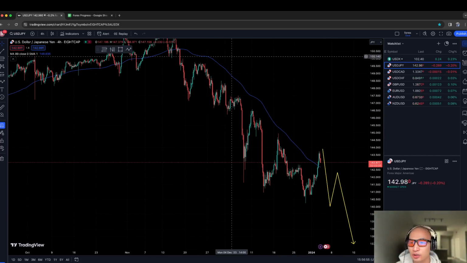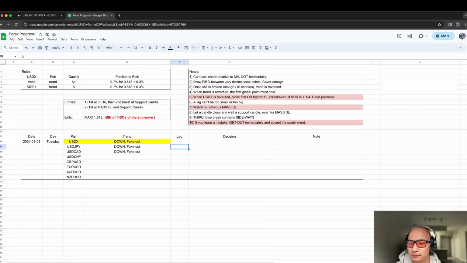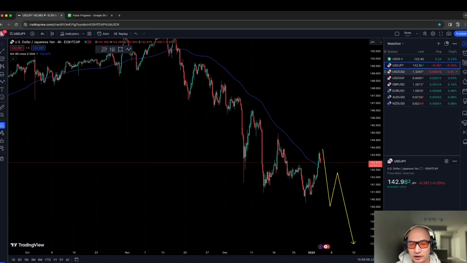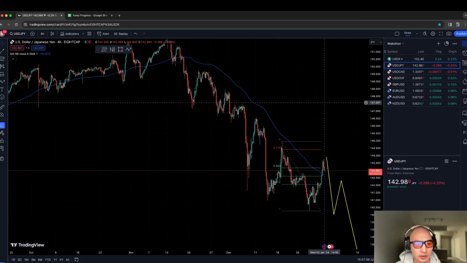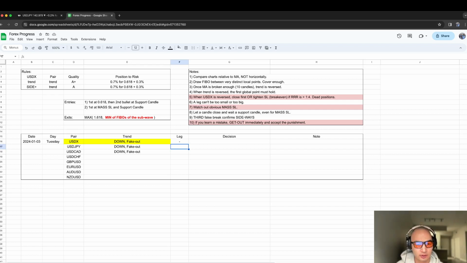So in the USD Japan yen, the last leg down is actually not that bad. So I will put it as a nice, meaning that it's not too small or too big.